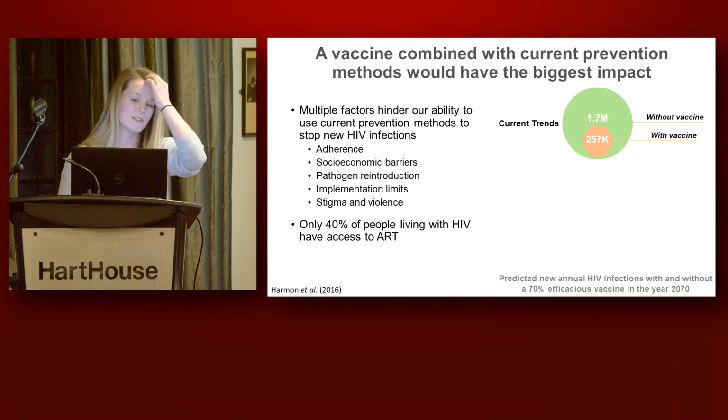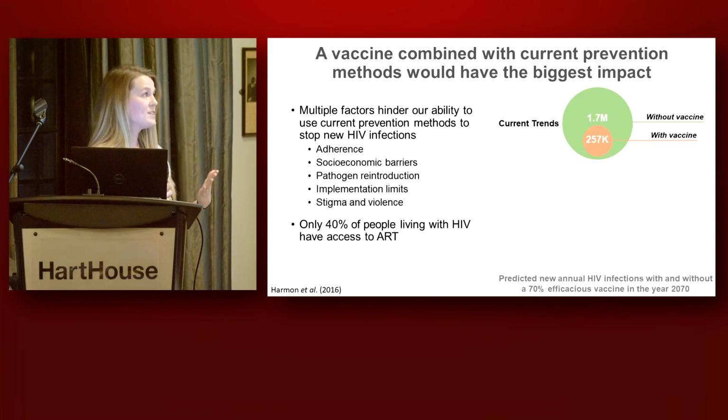If we do a 50% scale up of prevention methods, without a vaccine we'd be at 1 million new infections, but with a vaccine, 184,000. And if we scale up even more towards the 90-90-90 goals, without a vaccine we'd be at 547,000, which is a huge reduction from current trends.